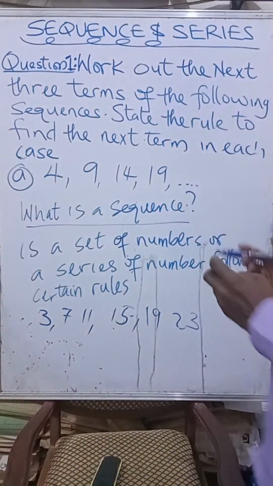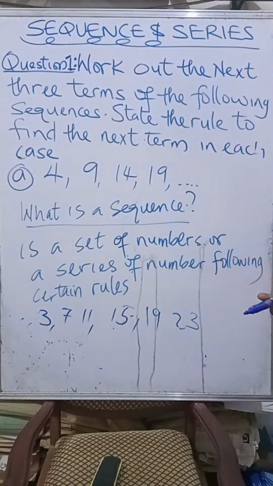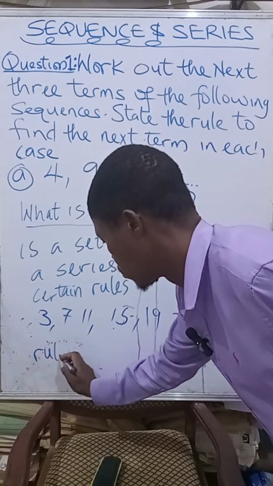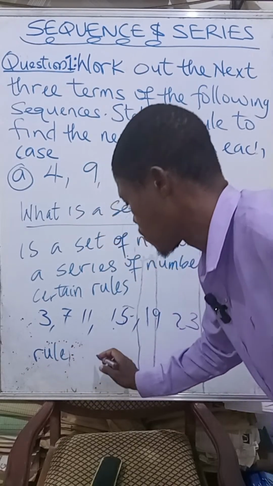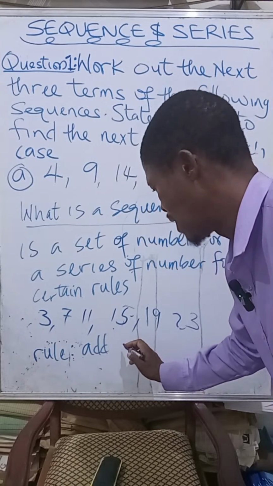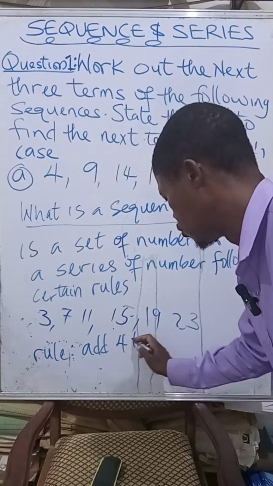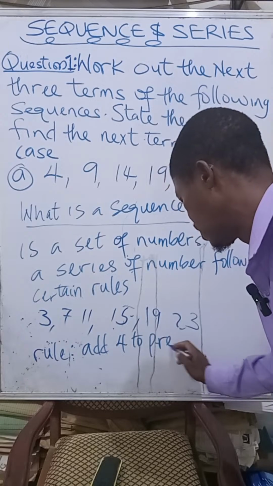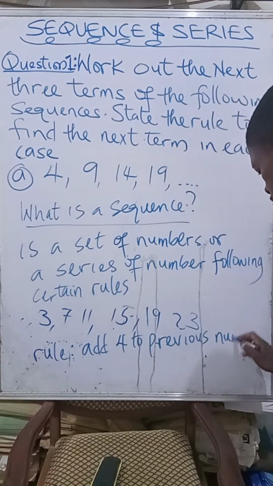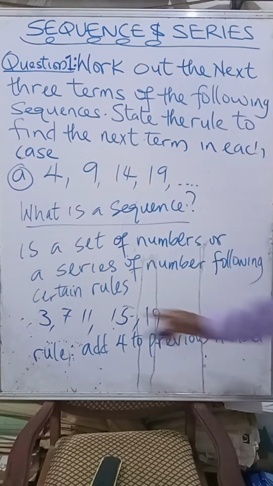So there are rules that govern the generation of these numbers, and the rule is what? You add 4 to the previous number. That's the rule that governs this sequence.